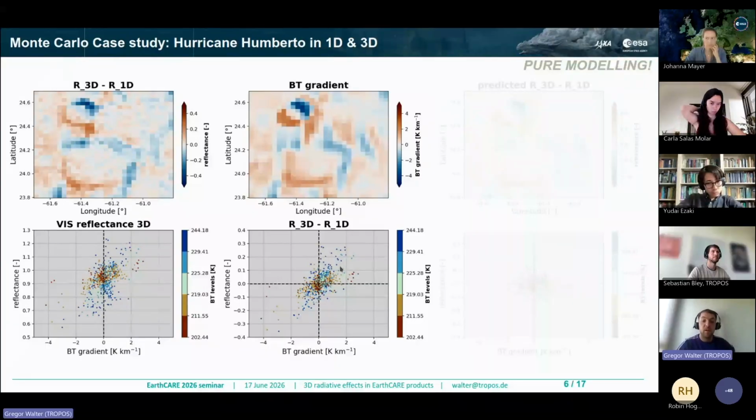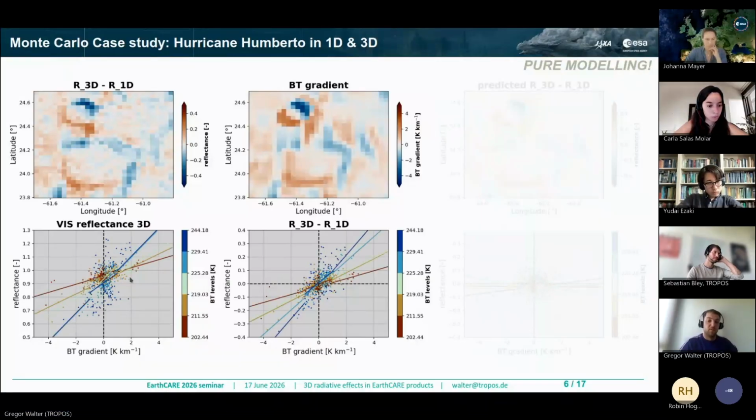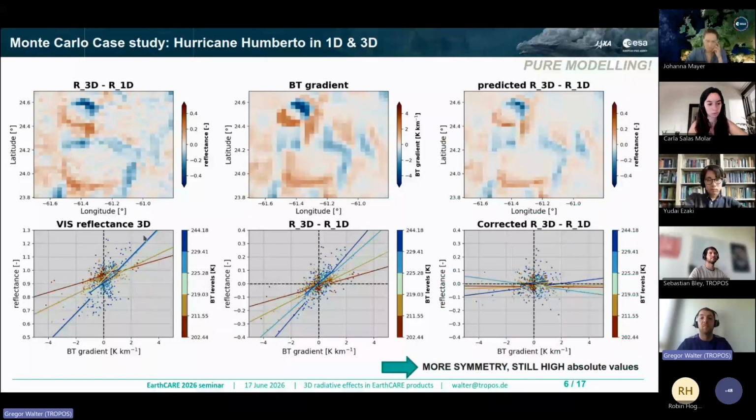And next to it, we have the 3D minus the 1D, and we can see that the slopes of the fits that I just showed you look quite similar, and then based on the slopes of the reflectance in the 3D, we can then predict the 3D minus the 1D.